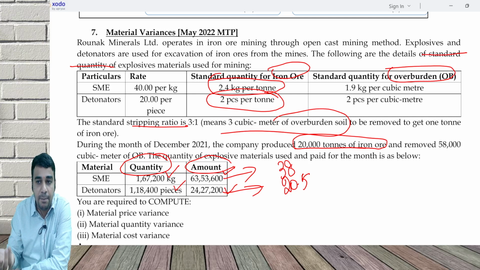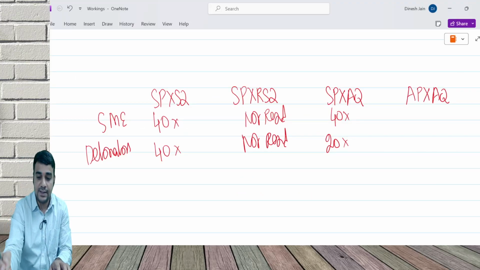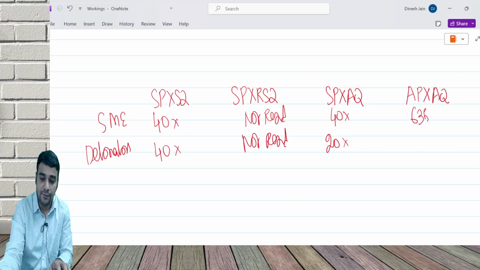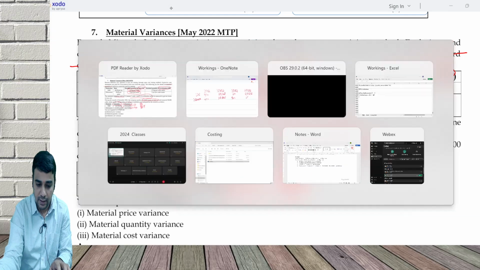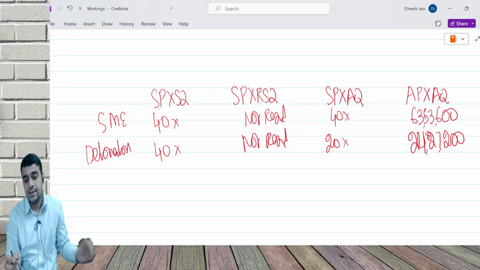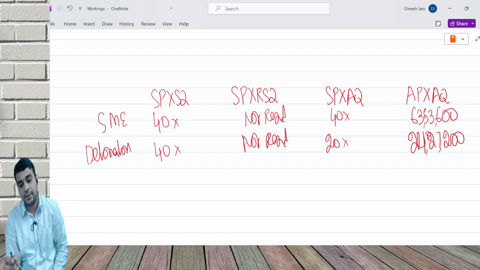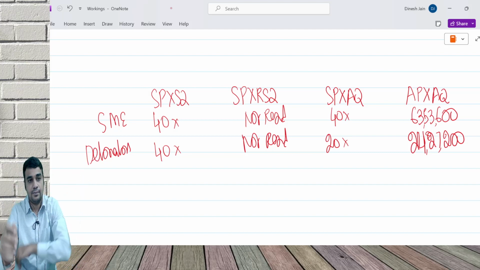Dividing and multiplication doesn't serve any purpose. Some rare scenario, a rounding issue can also come. Directly, let's write the last column figure: 65,53,600 and 24,27,200.